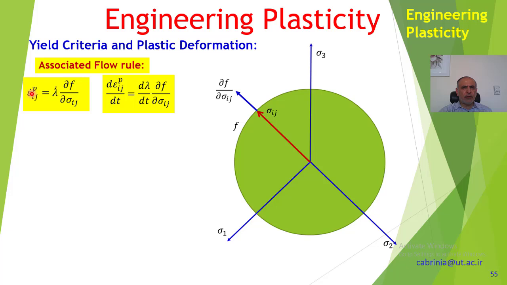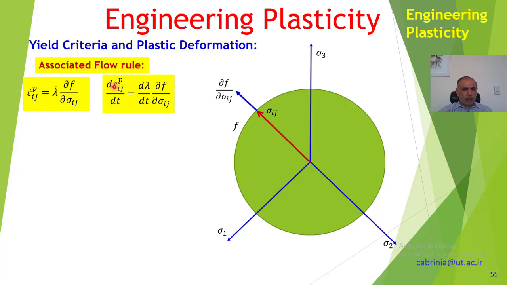So we should have the rate, and the rate is this, epsilon dot p. So that is the flow, okay? Because the material moves with a certain velocity shown with this. Epsilon dot means deformation per second. So lambda dot also brings in the time inside this term. So we have partial f over partial sigma ij times lambda dot. So we have the time factor in here and in there as well.